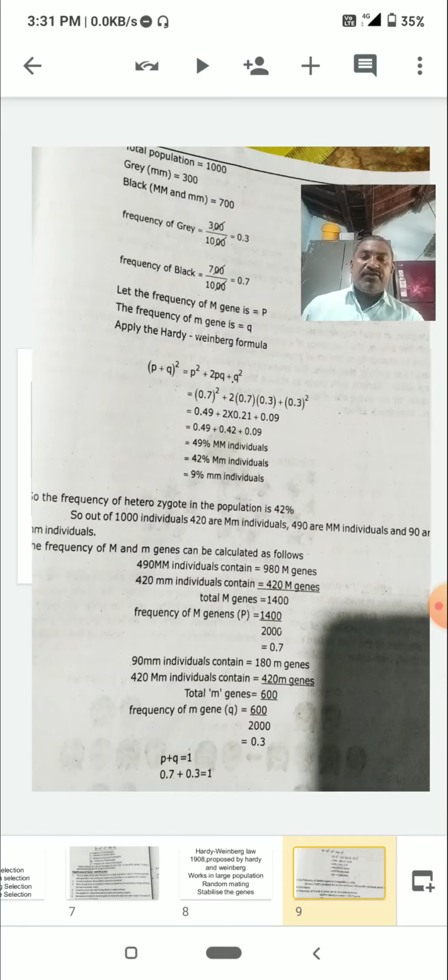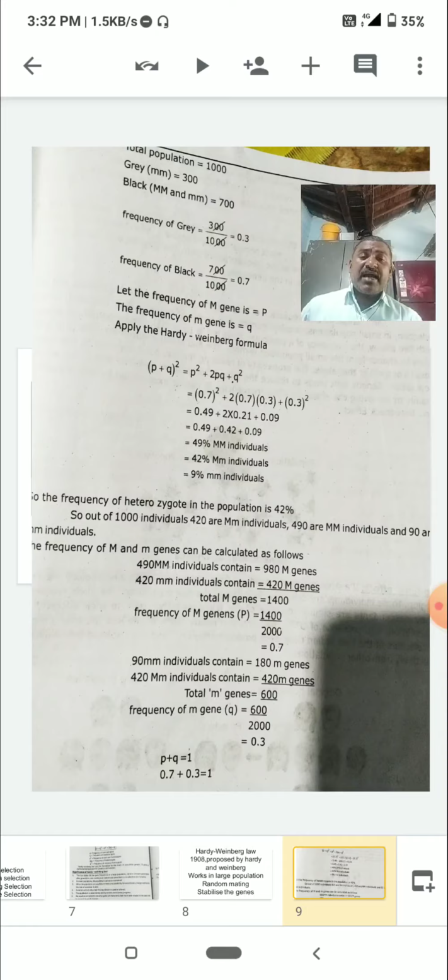Okay, here the frequency of M gene, p, equals 1400 by 2000, so that is equal to 0.7. So, the dominant allele frequency is 0.7. The 9% individuals is nothing but 90 in 1000. Okay, 90 small m individuals contain 180 small m genes.